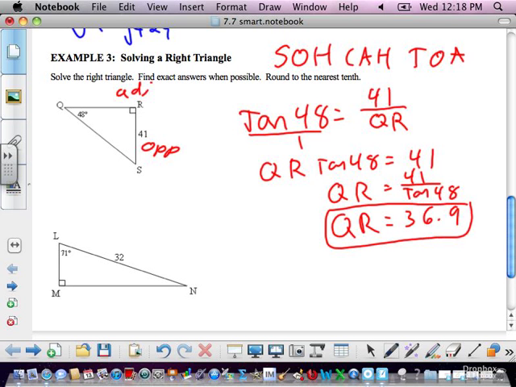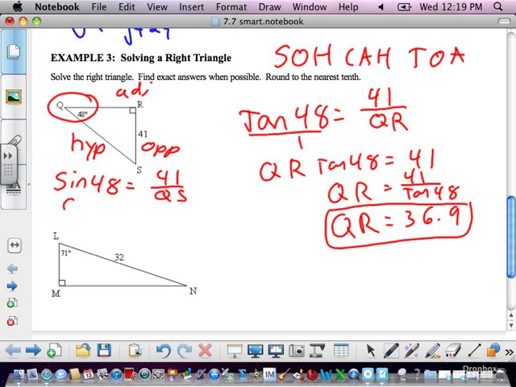Okay, so I've got QR, but I am still missing QS. What is QS to 48? Hypotenuse. 42. Okay, so I'm looking at hypotenuse and opposite. Which one uses hypotenuse and opposite? Sine, cosine, or tangent? S for sine. Sine of 48 equals opposite over hypotenuse, which is QS.